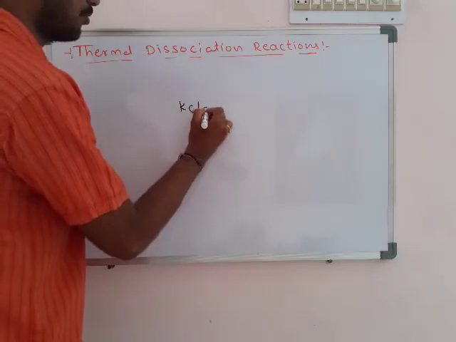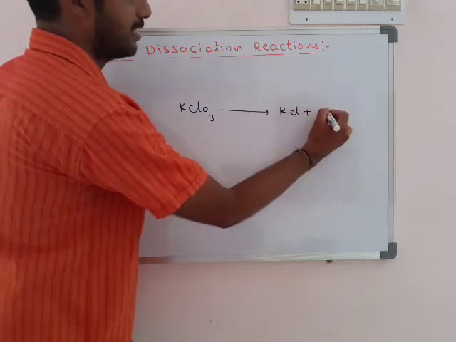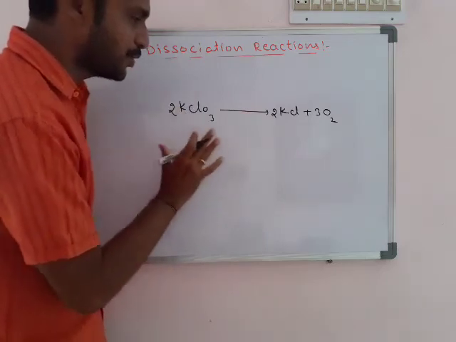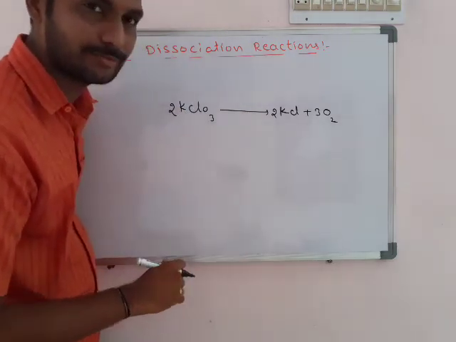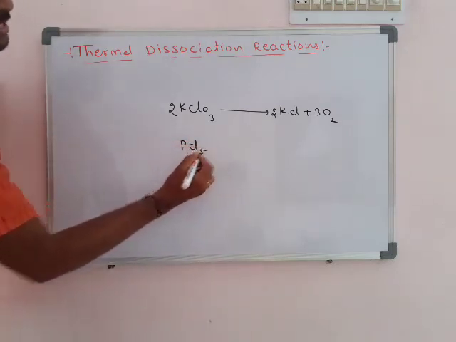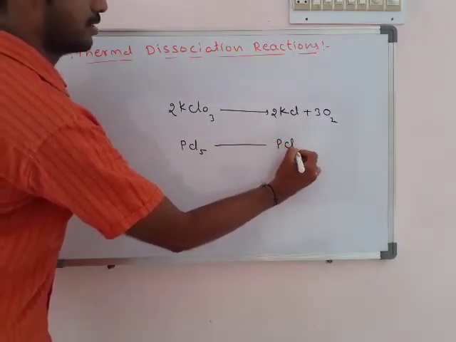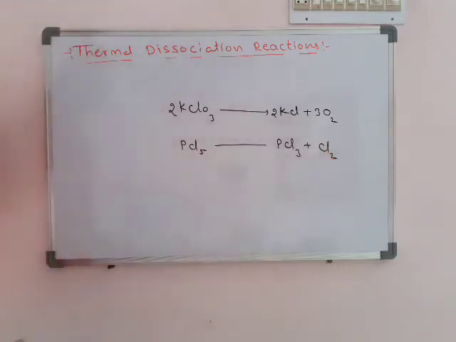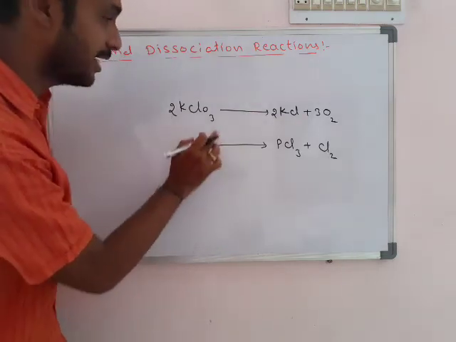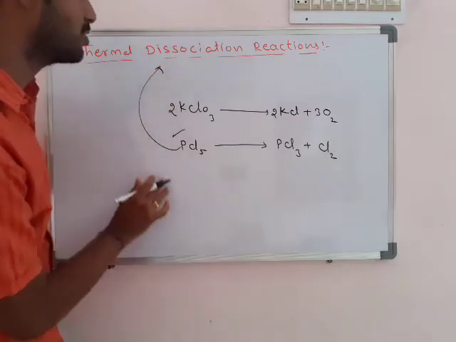On heating potassium chlorate, we will get KCl and oxygen, potassium chloride and oxygen. So it is treated as a decomposition reaction. For example, if you take phosphorus pentachloride, on heating it forms phosphorus trichloride and chlorine. So it is also a decomposition reaction, but it is an example for thermal dissociation reaction.